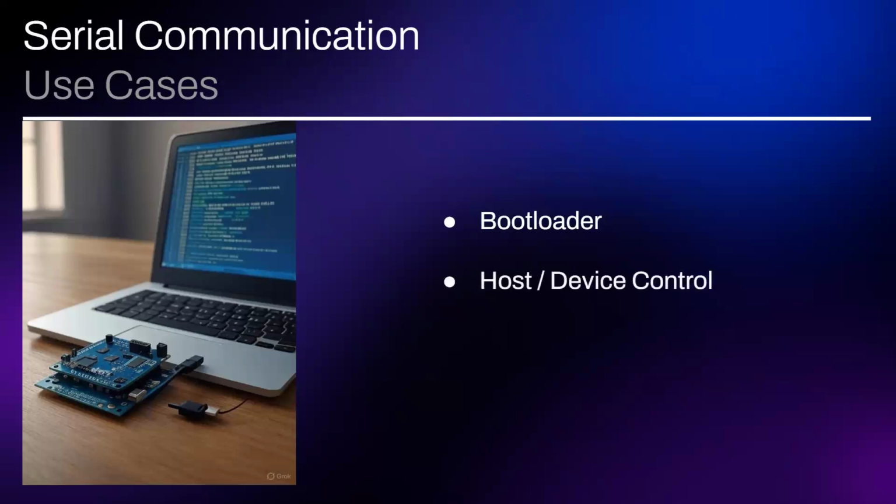There we go. Host device control. If you've ever used an Arduino or something like that, you want to send commands down to that device. The device does something and it sends some information back, some telemetry or something like that. Then debugging a device. You've got this device out there and you want to know what's going on inside it.